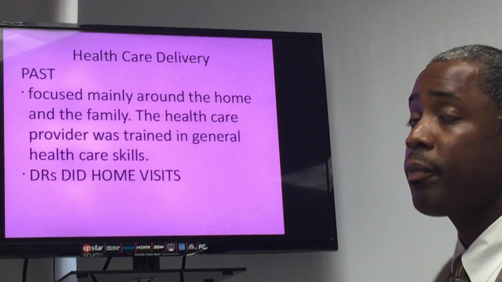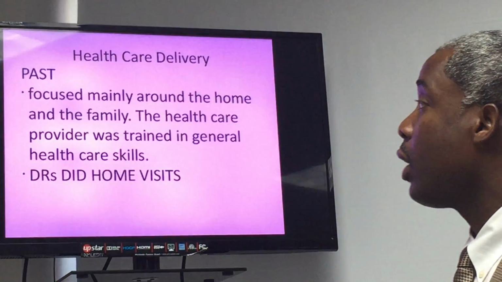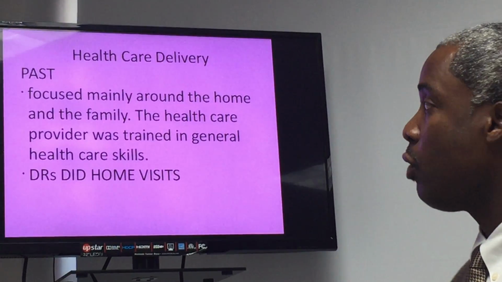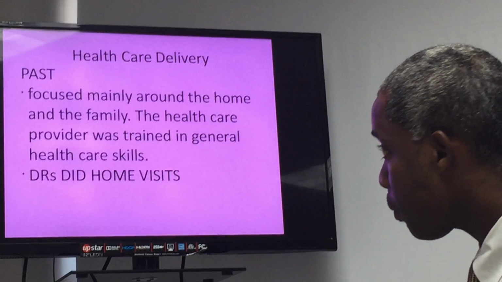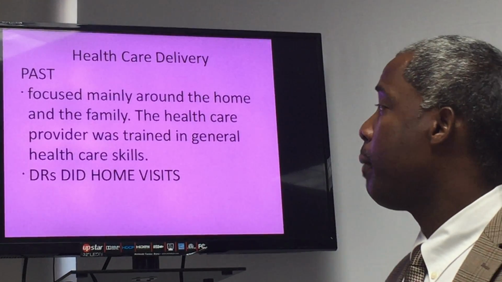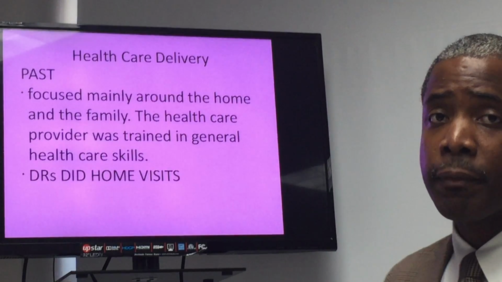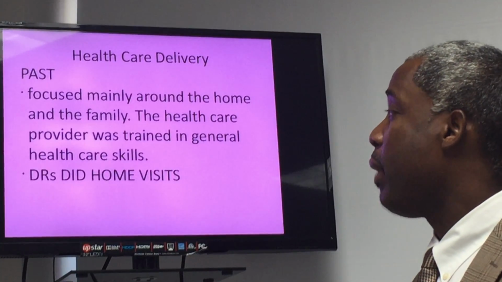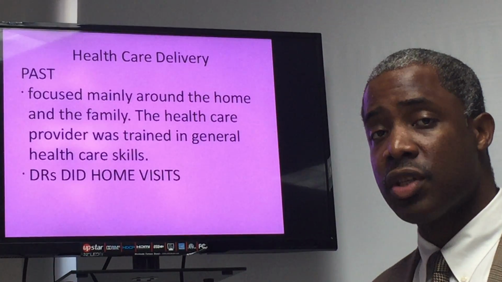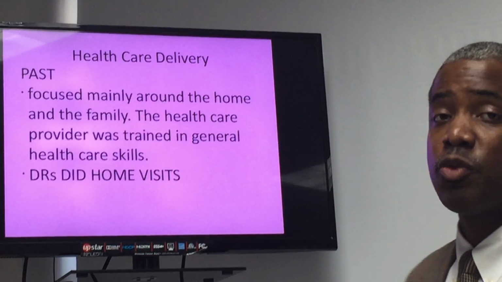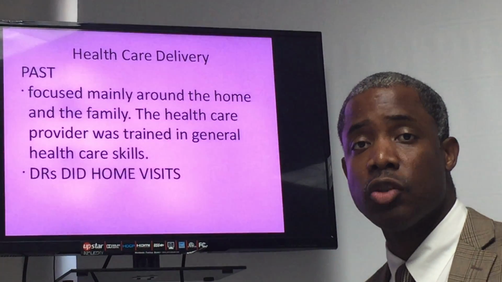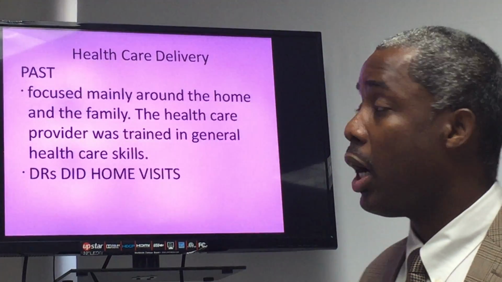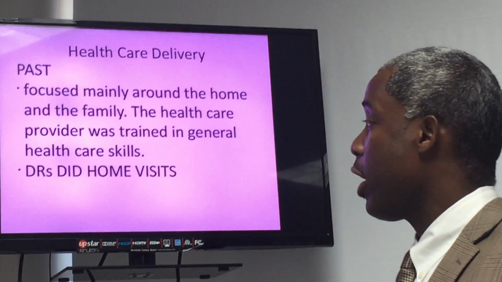Basically, that means that there were very few hospitals, and it was at the time a little more convenient for the doctor to go and do home visits, okay? The training that they had back then was focused on general skills. So the doctor was not specialized. That means your family doctor was your OBGYN, your cardiologist, your pulmonologist. So they would do everything, okay?